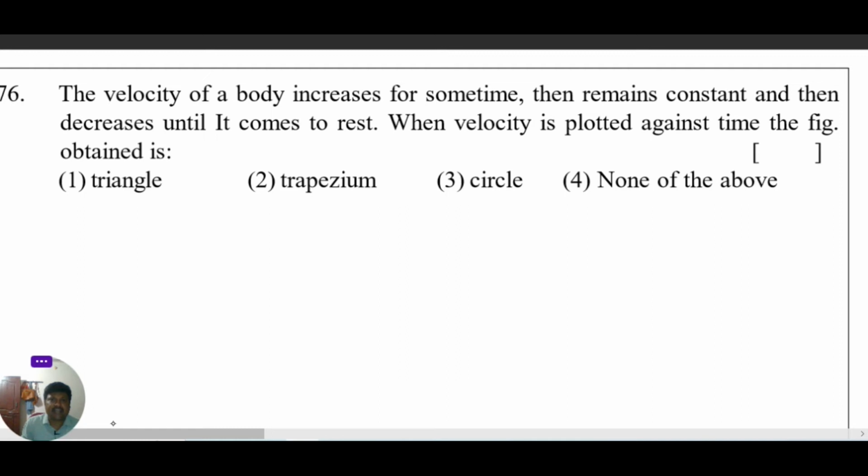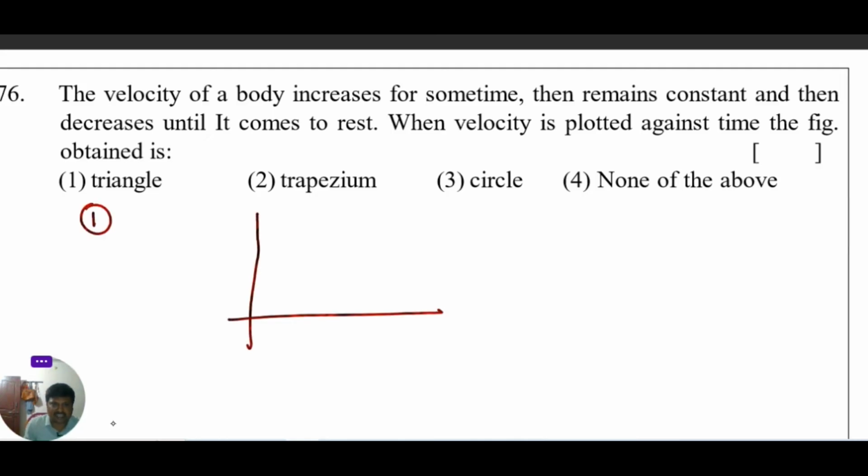The velocity of a body increases for some time, then remains constant, and then decreases until it comes to rest. When velocity is plotted against time, the figure obtained is. In the first graph, the velocity of a body increases for some time. That means velocity is directly proportional to time. That is the first one.